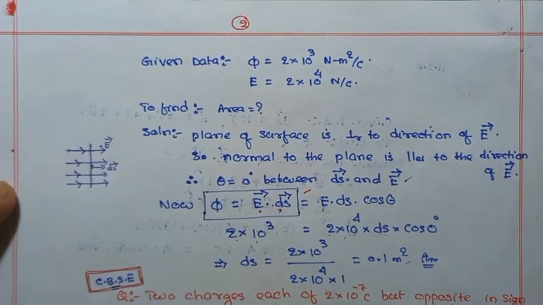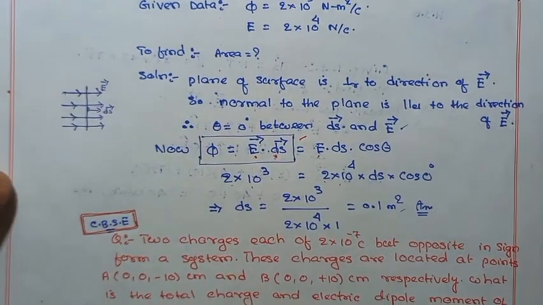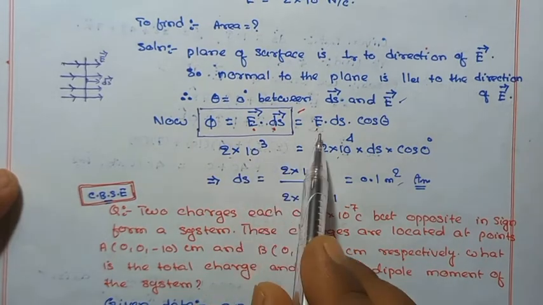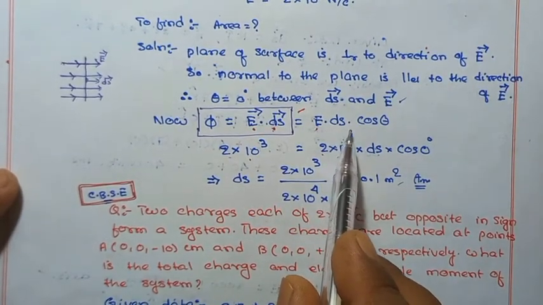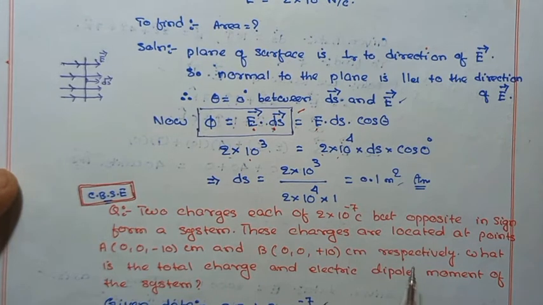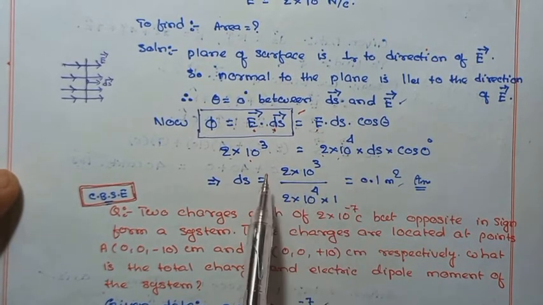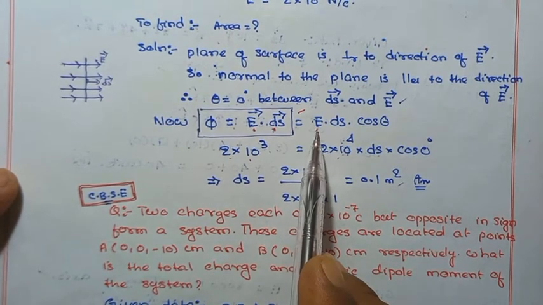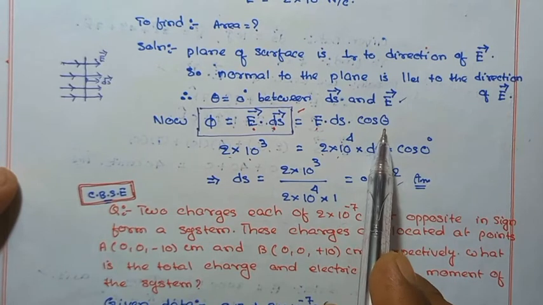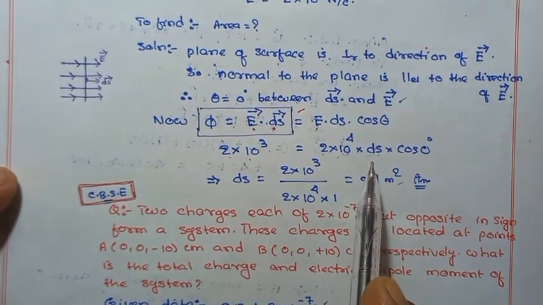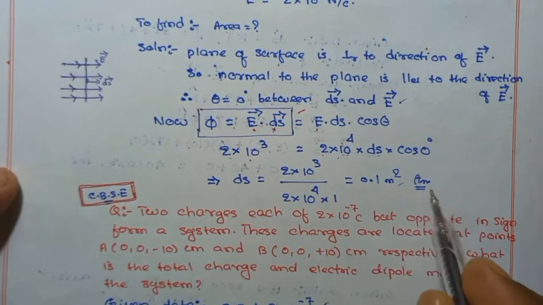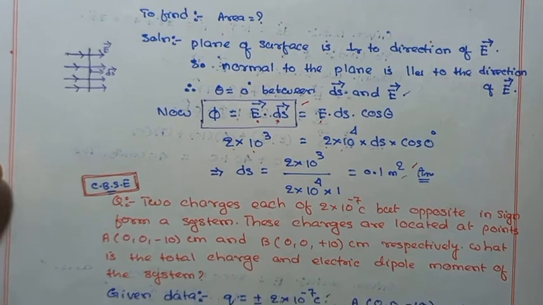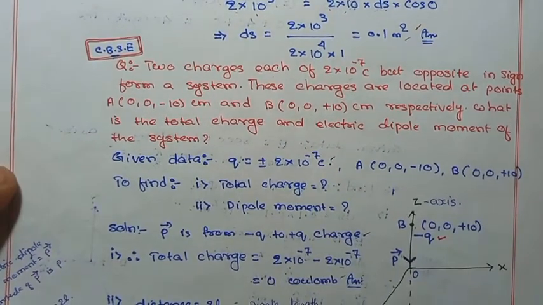Now we know the formula, phi is equal to E vector dot ds vector, that is E ds cos theta. So putting the values, we know the flux value, we know the E value, we know the theta value. After putting these values and solving we'll get ds is equal to 0.1 meter square. Okay. One more important question, we will see it now.